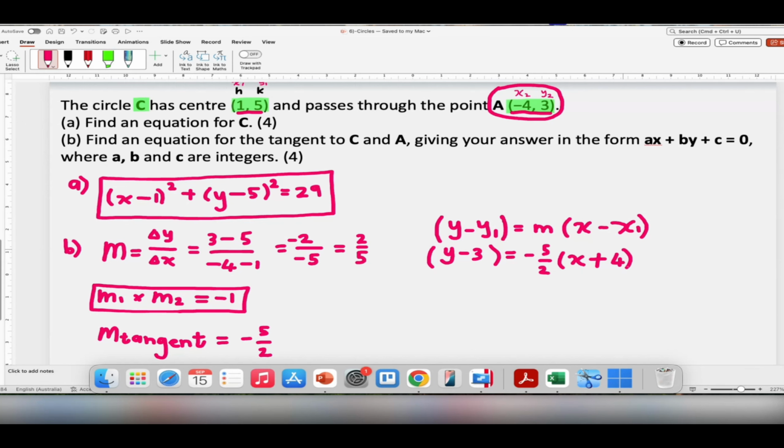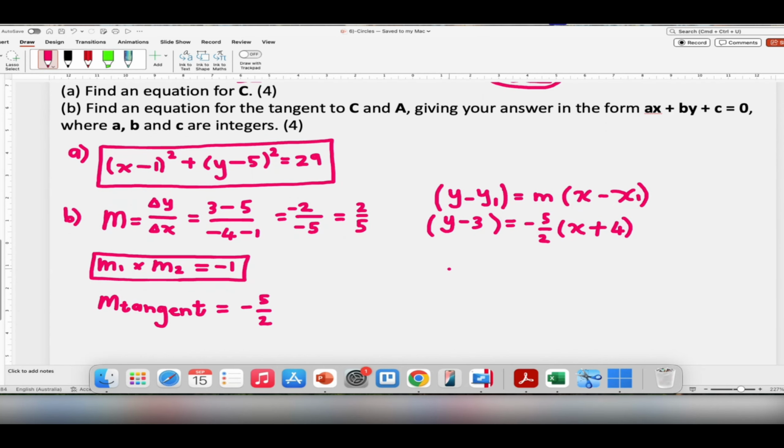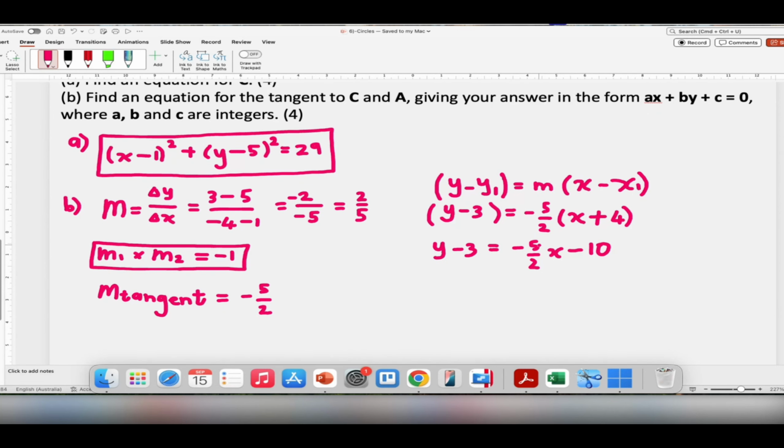Okay, now we just expand the brackets. So this side we have y minus 3. Okay, x times negative 5 over 2 gives us negative 5 over 2 x. 4 times negative 5 over 2 gives us what? Gives us negative 10. Okay, so here we have minus 10. Now we want to get rid of this fraction, so we are going to multiply everything by 2.